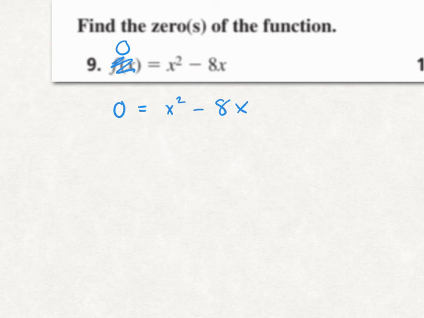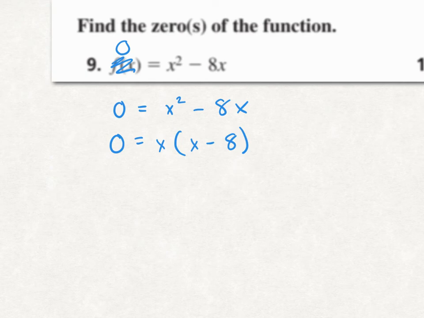Do we have any greatest common factors that we can take out? X. We can pull out an x from both of our terms here. So we have x and then x minus 8.